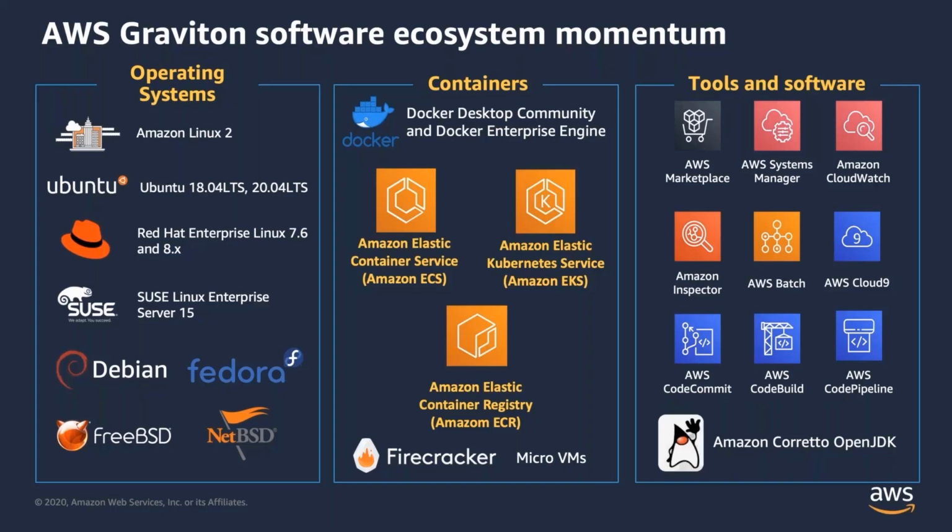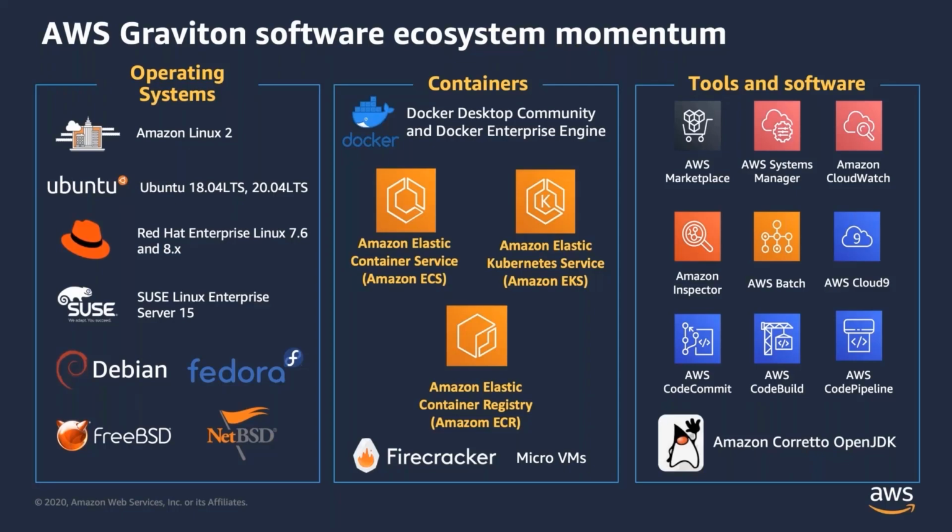Ubuntu is available, including the latest 20.04 version, which brings the best performance as far as Ubuntu distributions are concerned. You can even use FreeBSD or NetBSD on our Graviton2 based instances. Just Windows is not available on ARM64.